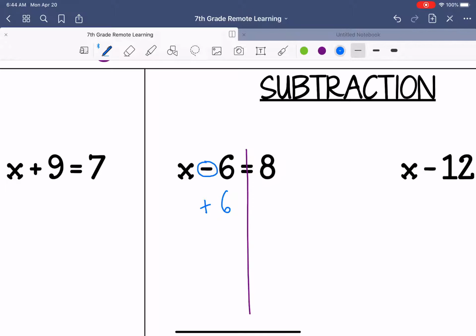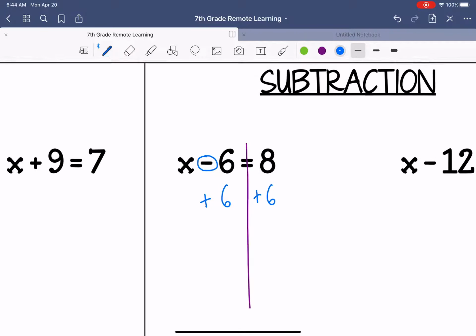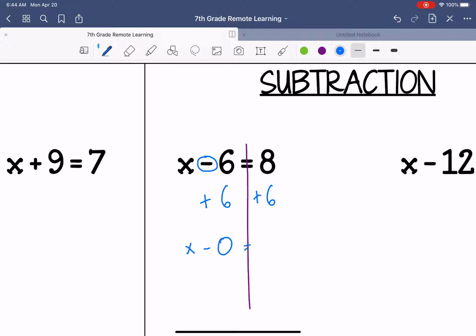And because of my balance line, whatever I do to the left, I must do to the right. Okay? So now I have minus 6 plus 6, so that gives me x minus or plus, it doesn't matter, 0 equals 8 plus 6, which is 14.